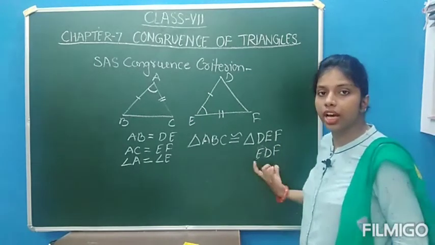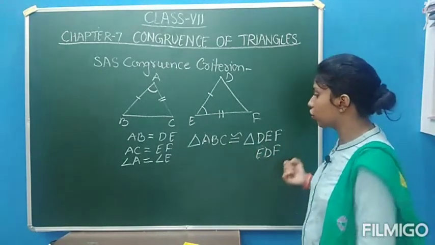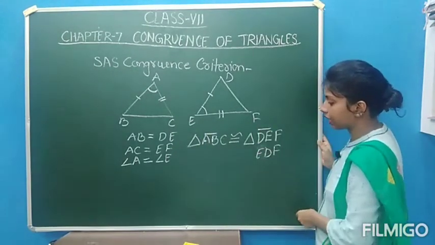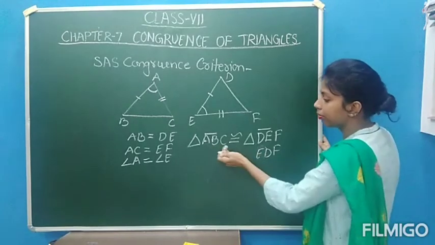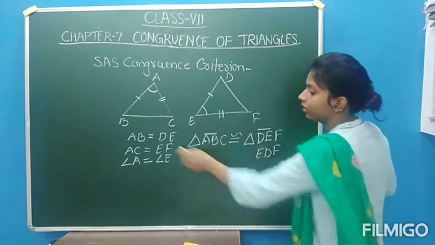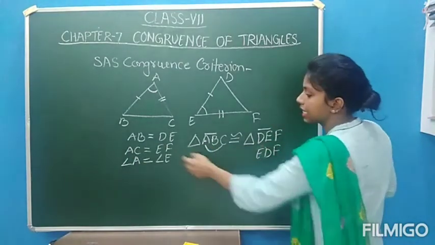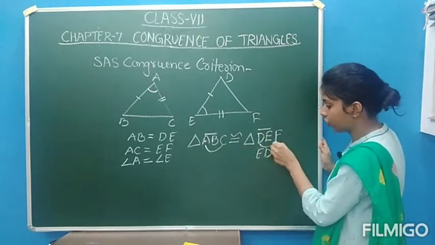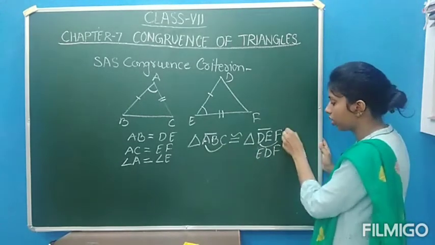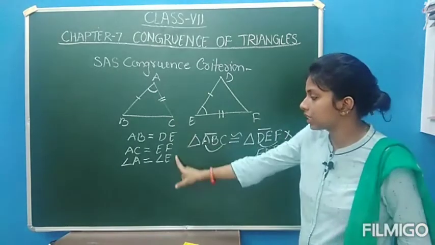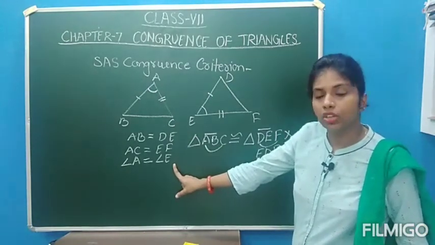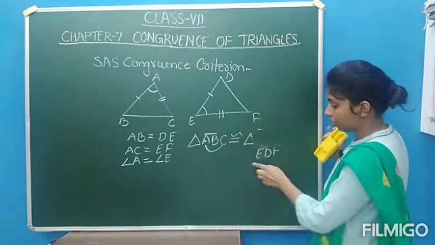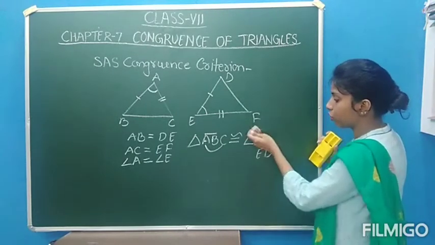Let's check which one is correct. AB is equal to DE, correct? After that BC is not given. AC is equal to EF. If we write DF, then AC is equal to DF, which is not satisfying the equal sides, so this one is not correct. Of course EDF is going to be satisfied.